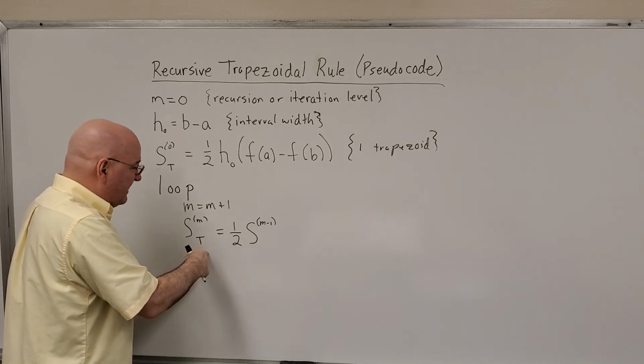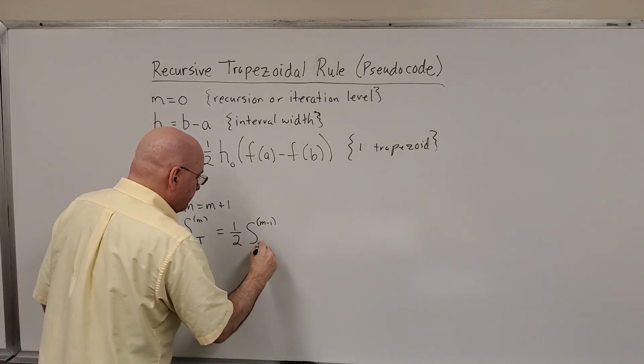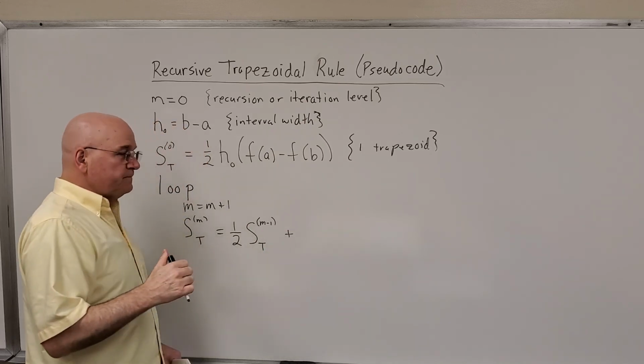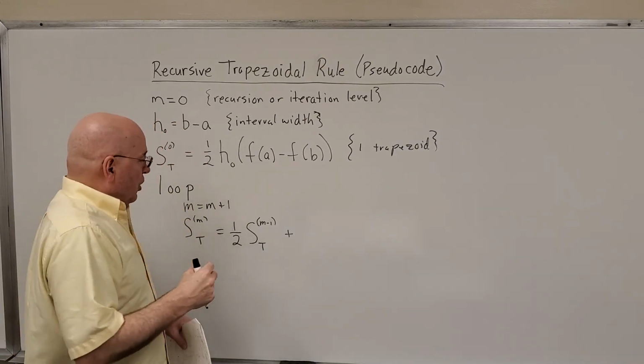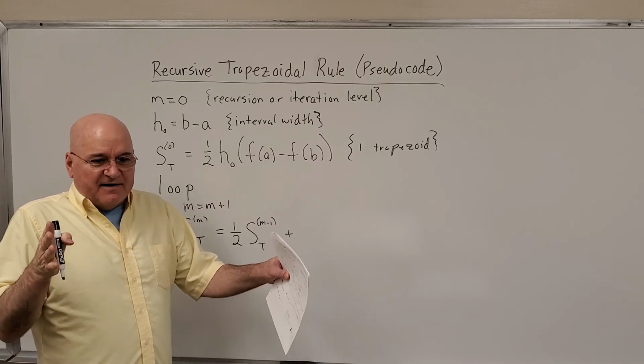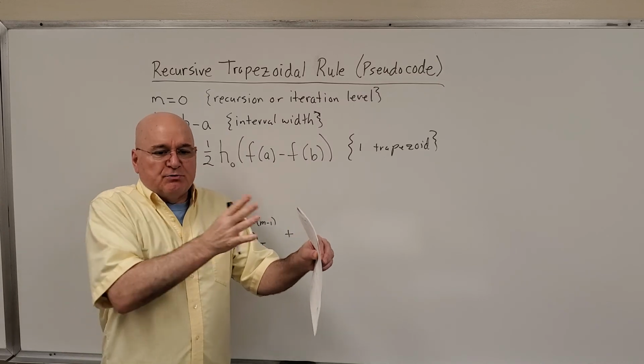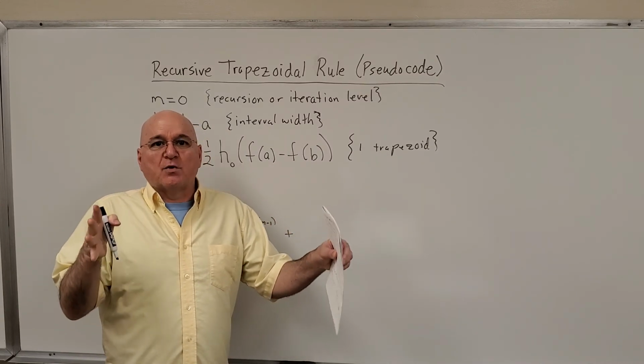When you're on the 8th iteration, the 8th one is going to be half of the 7th iteration, plus all of the new data points that have been added. If you think about it, let's say we go from 0, 1, 2, 3, 4. So we have 4 sections.